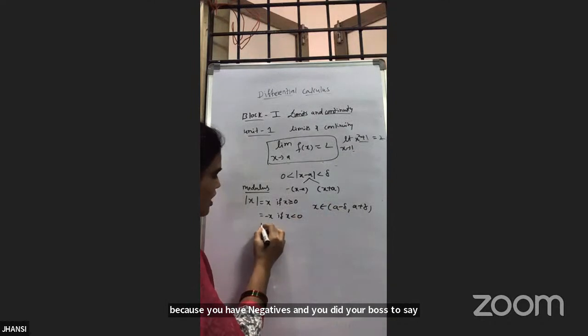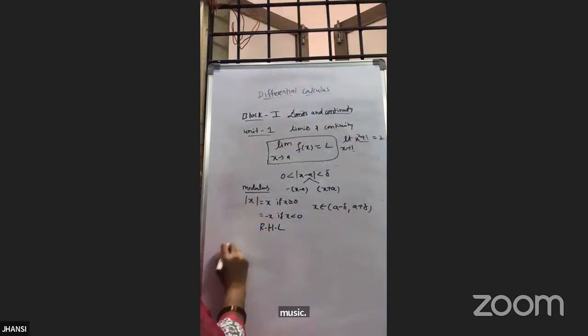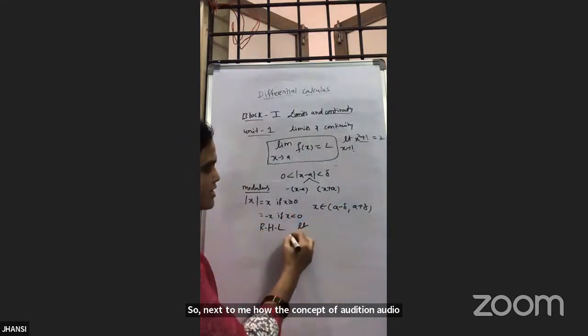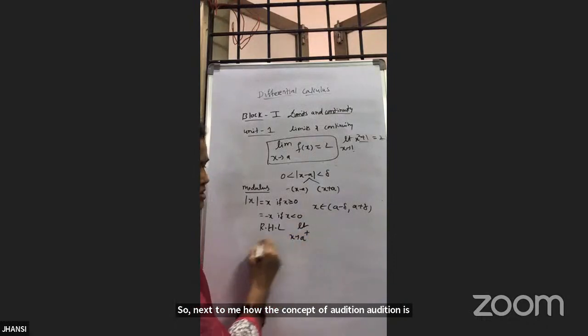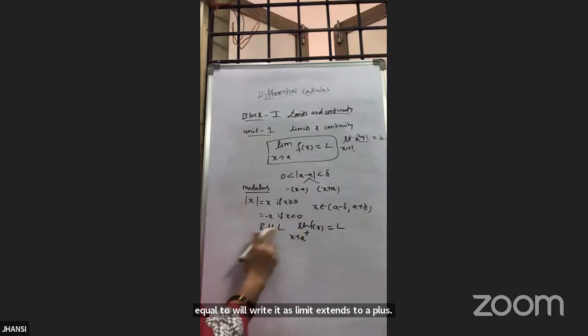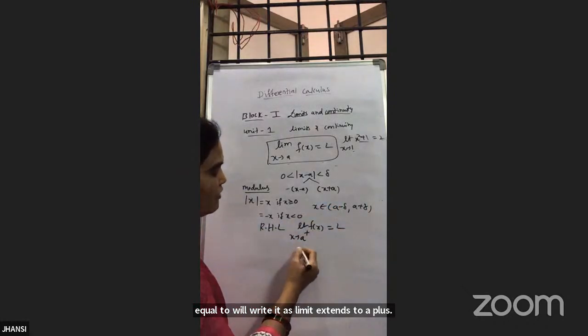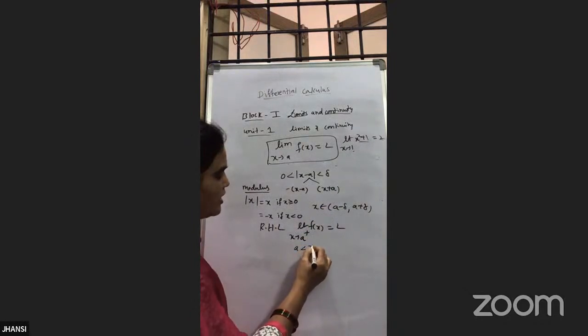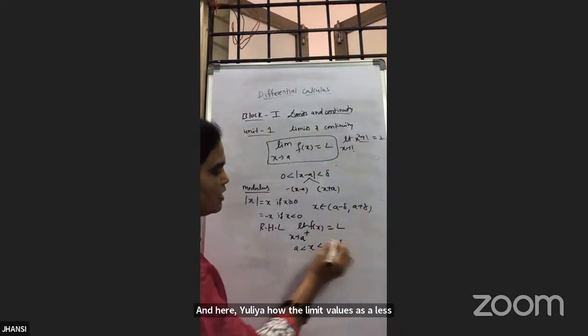So next we have the concept of RHL. RHL we'll write as limit x tends to a plus f of x equals L. Here the plus sign indicates it is the right hand limit. And here you will have the limit values as a less than x less than a plus delta.